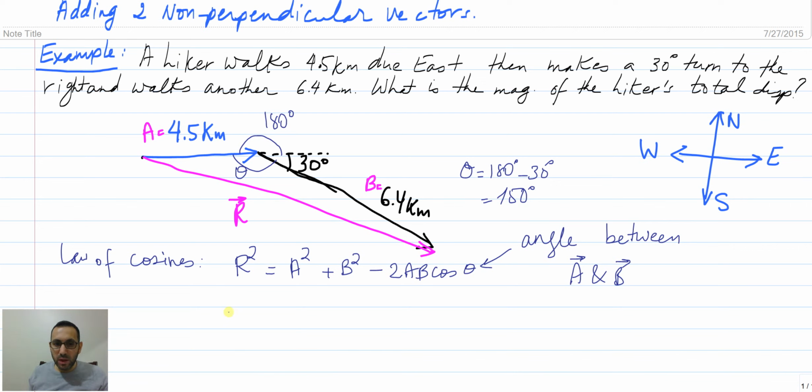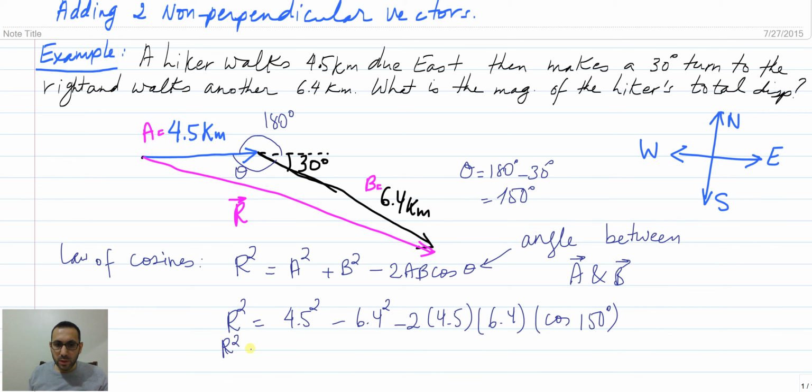So now replace the values of A: R squared equals 4.5 squared plus 6.4 squared minus 2 times 4.5 times 6.4 times cosine 150. R squared is equal to 879.65.